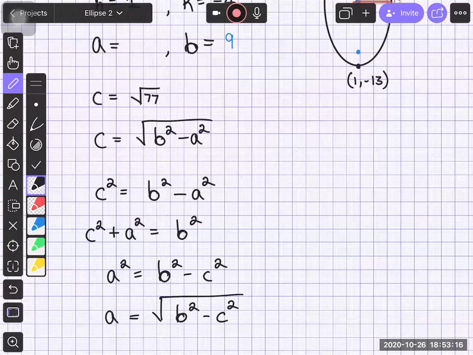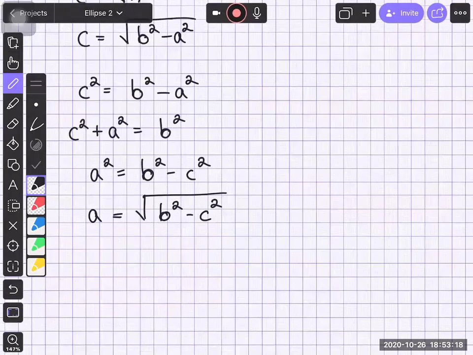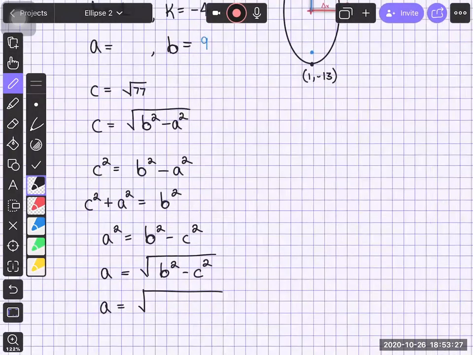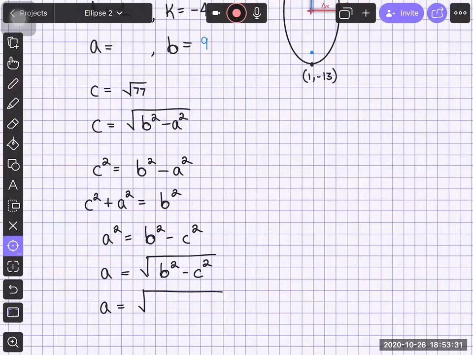So now it's just a matter of substituting the values. We have that a will be the square root of b squared. b is 9, we have it over here.